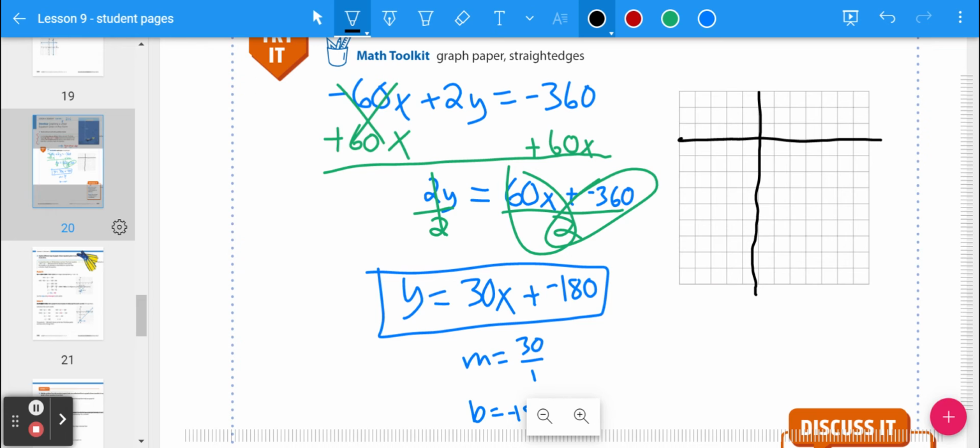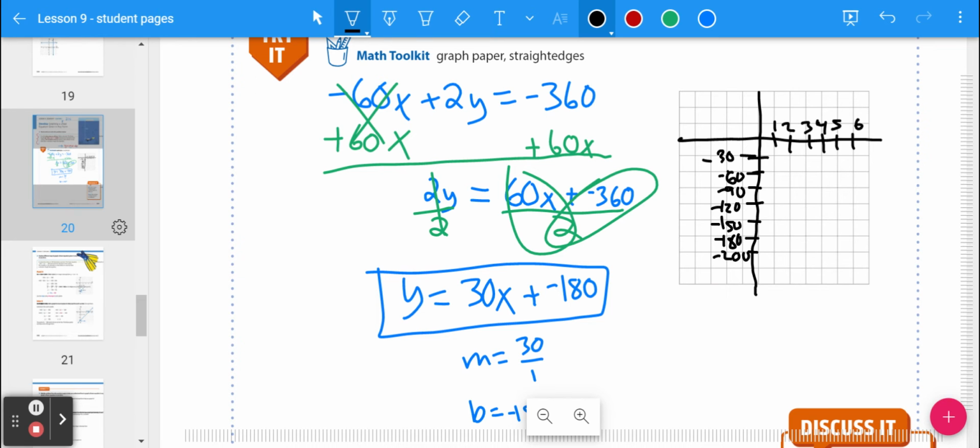So negative 30, negative 60, negative 90, and so on, negative 120, negative 150, negative 180, negative 200. So let's just say that's my graph, and on the x's, or where it's minutes, I'm just going to go by ones because it's every 1 minute. 1, 2, 3, 4, 5, and so on.